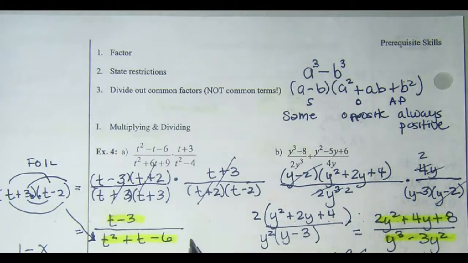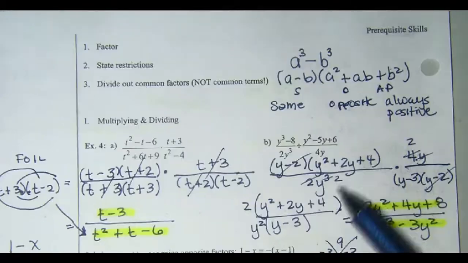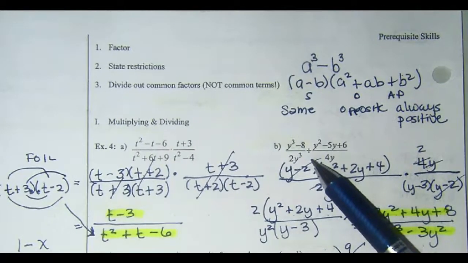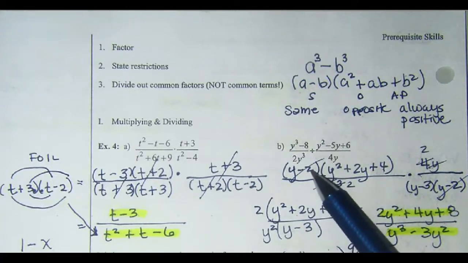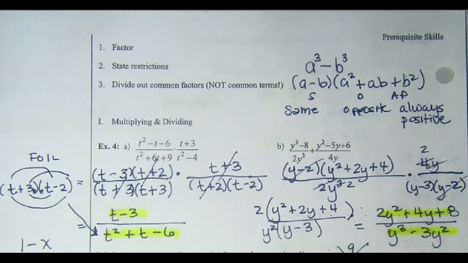I'm looking at this. I got t subtract 3 over t squared plus t subtract 6. Example 4b, something I wanted to point out is because this is divide, you're going to do keep, flip, change. So you're going to need to keep the difference of cubes, and I put SOAP up here again for you.